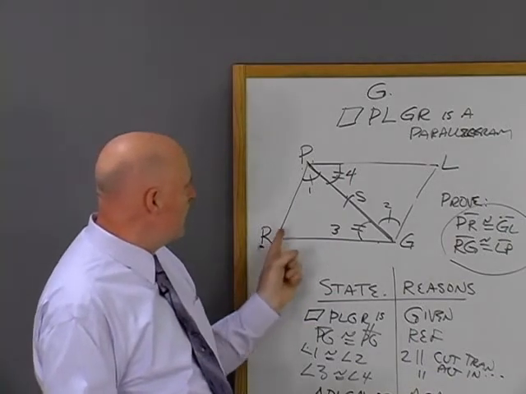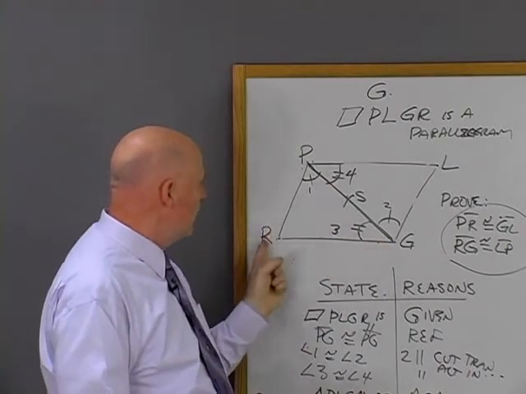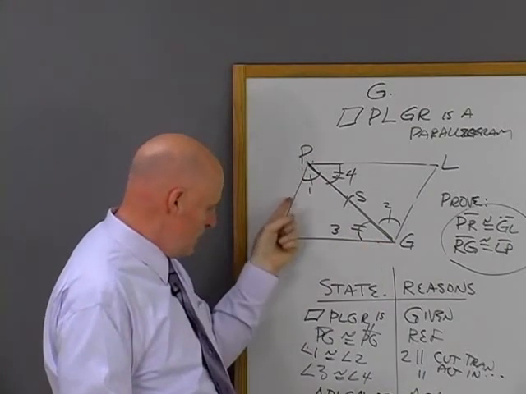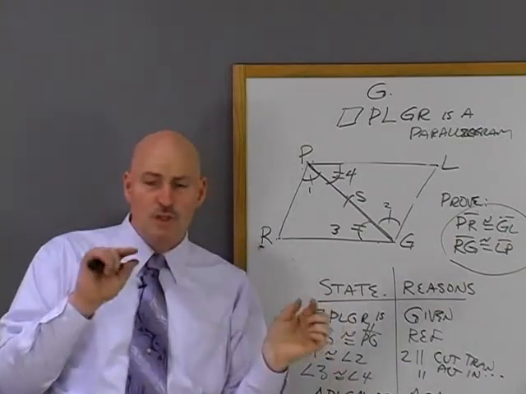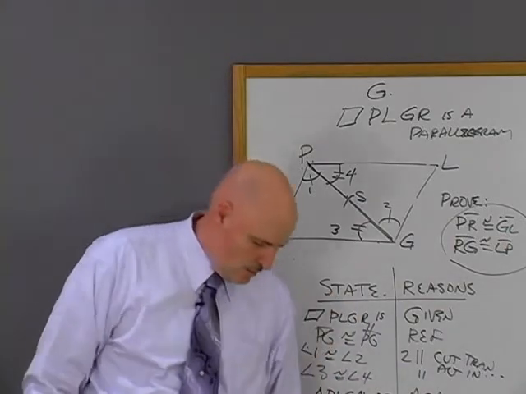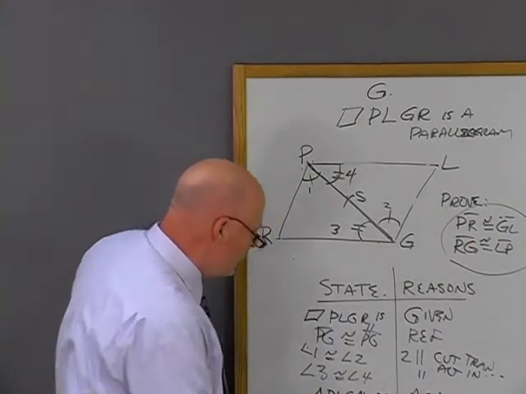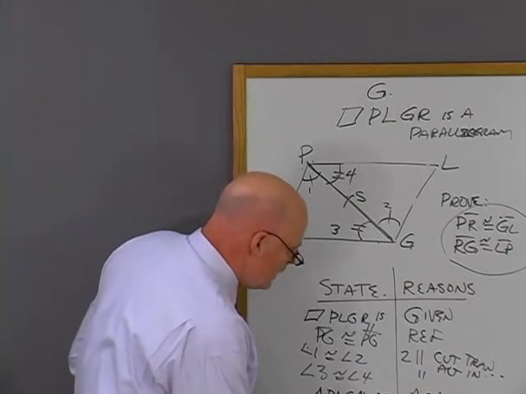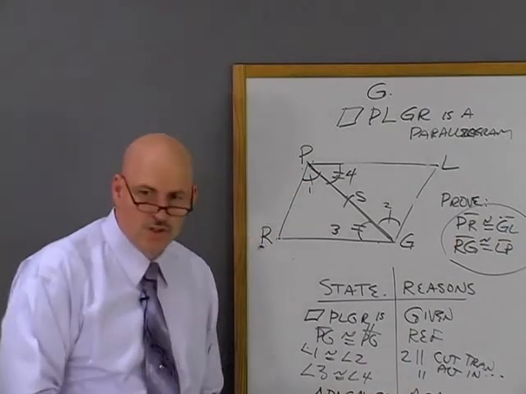So we've got P, L, G, and PRG or GRP. Yeah, maybe it should be GRP. Okay. So it'd be good to put them so that they correspond. What do I have in the book there? PRG and GLP. Good job.